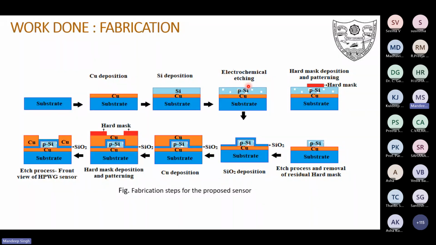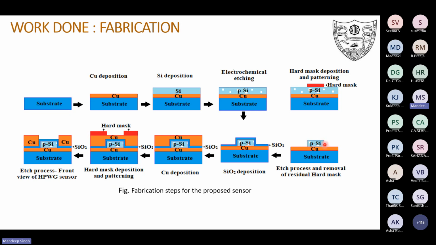Through this only we can decide the porosity. Once you do electrochemical etching, we are converting silicon to porous silicon. And then we have to use the hard mask, and then we can etch out the remaining region. After doing the etching, you will get the porous silicon in rectangular waveguide form.